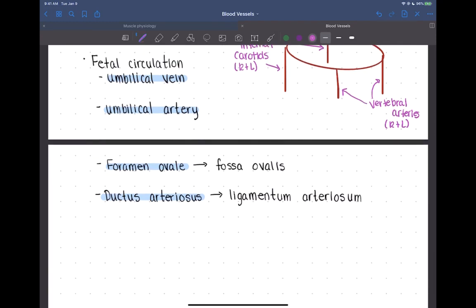Okay, and so the important thing to remember with fetal circulation is the mom is supplying the baby with the nutrients and the oxygen it needs. And so within that fetus, we're going to bypass the lungs because that baby is not needing to breathe oxygen, right, to oxygenate blood.